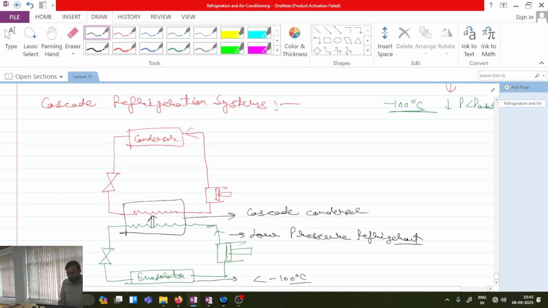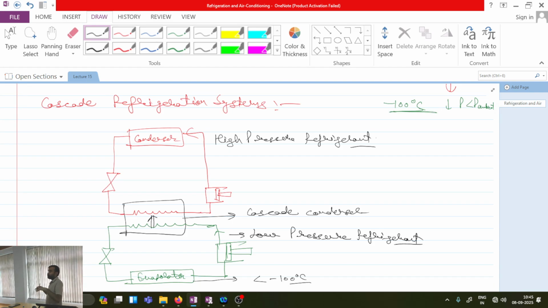And in the top one I will be using a high pressure refrigerant. Now in both the circuits, pressure will always be greater than the ambient pressure. So it means we are not increasing the specific volume to such a high value that it can affect the mass flow rate across the compressor. Is this point clear? So this type of system is called a cascade refrigeration system.